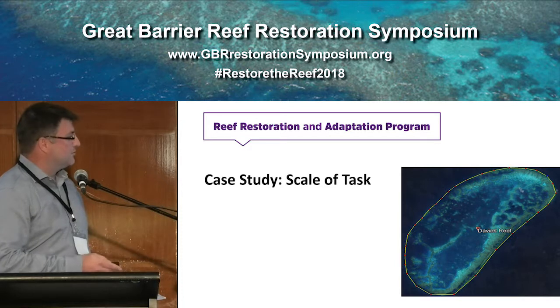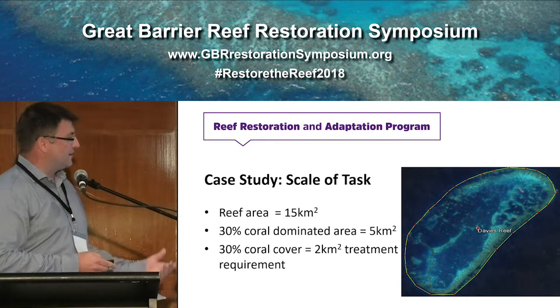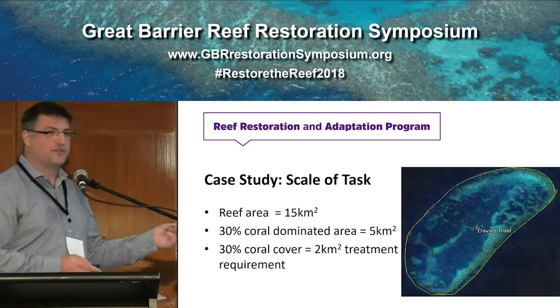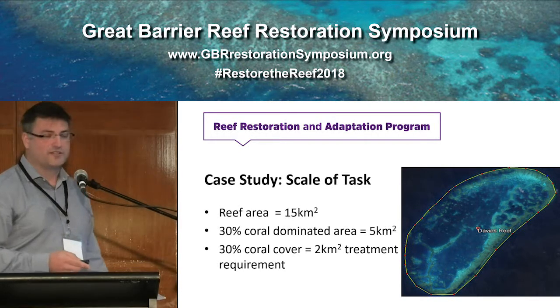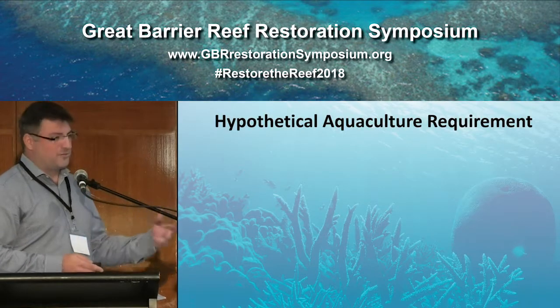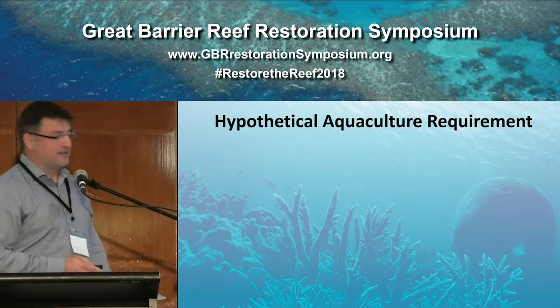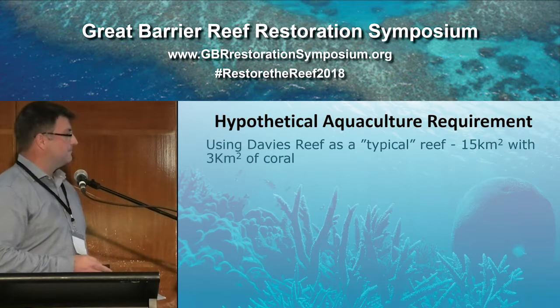If we looked at the scale of the task on this reef, it was 15 kilometres square, and we assumed 30% coral dominated area, so 5 kilometres squared of corals. And of that coral dominated area, there was 30% coral cover. So 2 kilometres squared of treatment would be required.